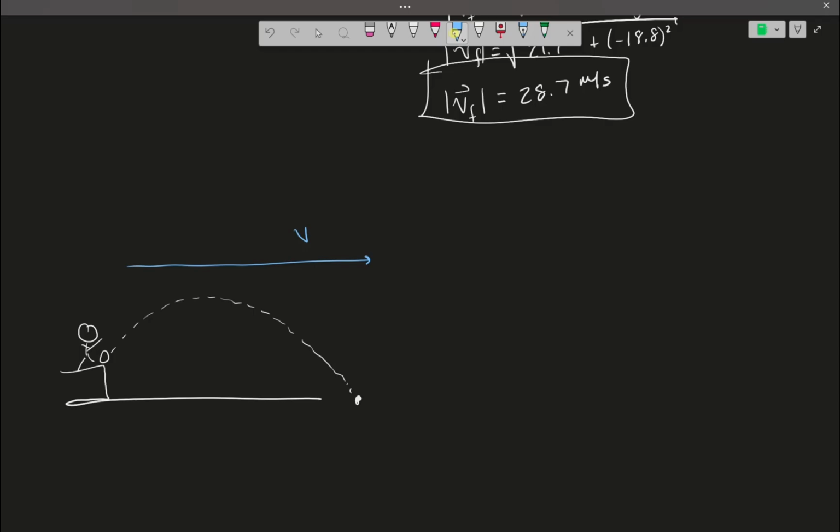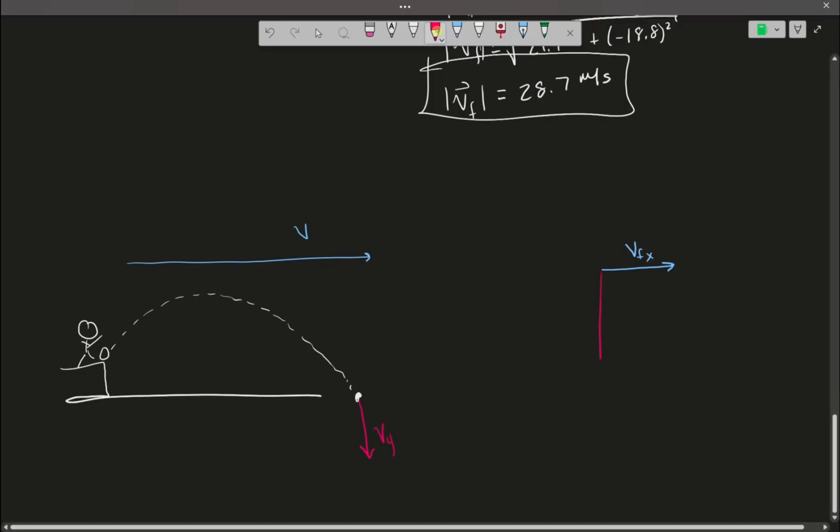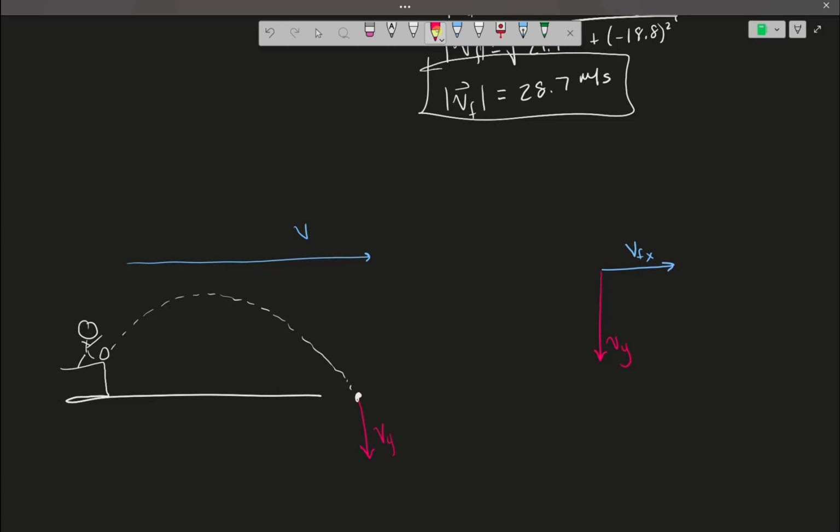As we get to the end of the range of motion, the y component of this velocity is going to be going downwards. So if I add these together, right, the final velocity in the x direction and some magnitude of final velocity in the y direction, the resultant vector would be coming off at this angle.